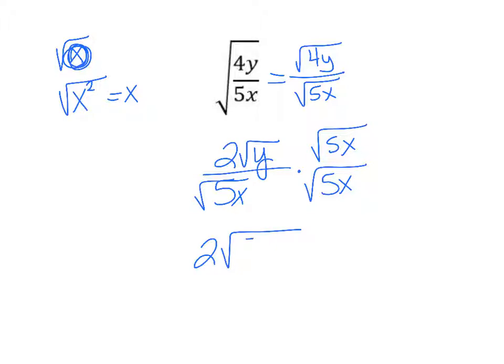We typically would always put a number first, and then we put the variables alphabetically. So I'm going to write 5xy rather than y5x. In my denominator, this is really going to be like a 25x squared. That's going to be a perfect square that's just going to come out to itself without the radical, 5x. Nothing reduces. I'm good to go.